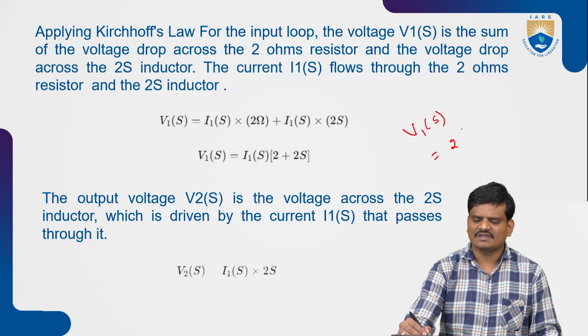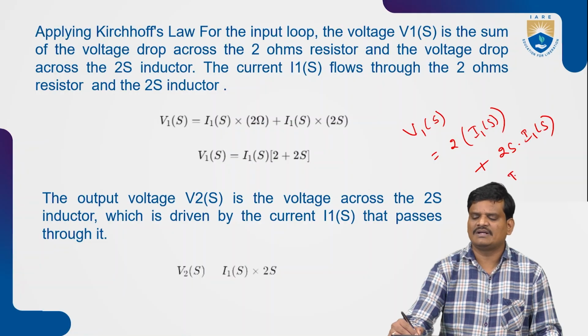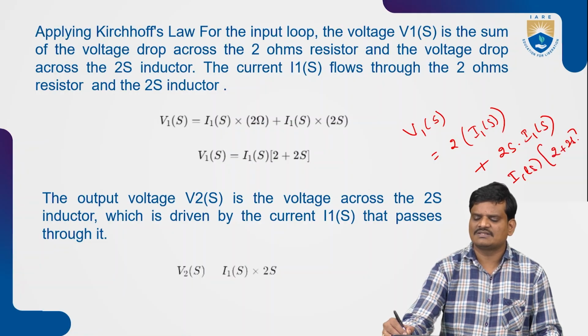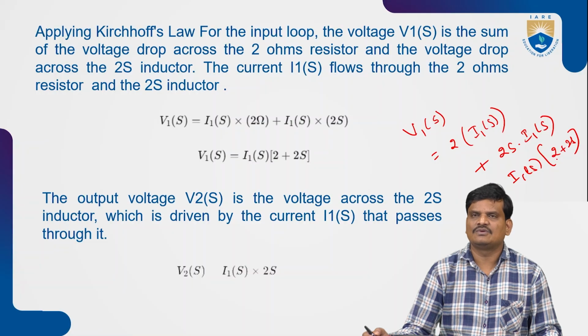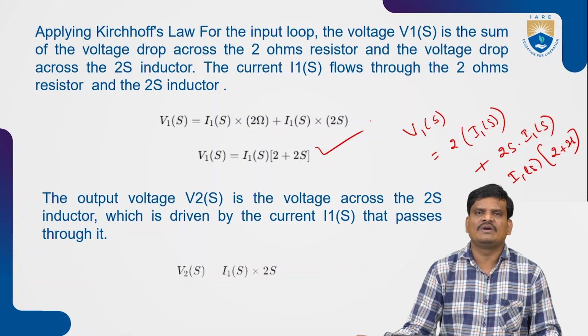That is, the resistor gives 2 into I1 of S, plus the inductor drop 2S into I1 of S. Taking the common parameter, V1 of S equals I1 of S into (2 plus 2S). This is the expression for V1 of S, the voltage drop across loop 1, or the input loop.